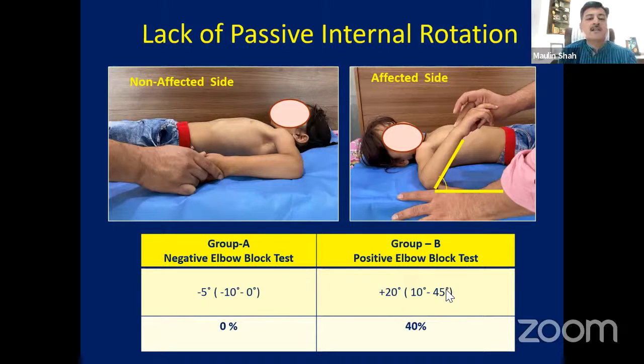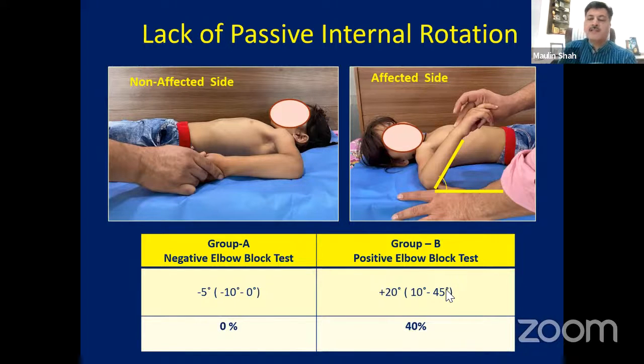In patients with negative elbow block test, we could do passive internal rotation in all of them. But in patients with positive elbow block test, there was an average 20 degrees of restricted passive internal rotation, which ranged from 10 to 45 degrees, and it was seen in about 40% of patients. So this was again a striking feature.